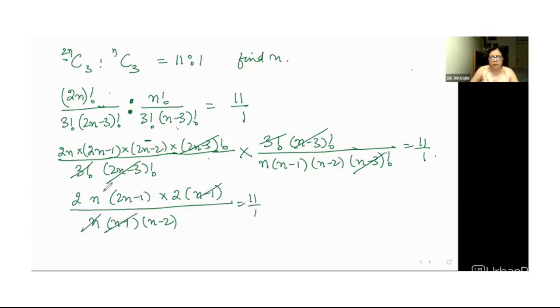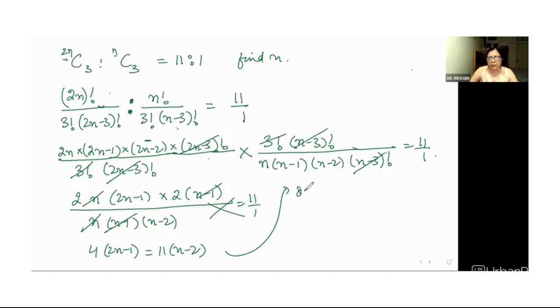Right? n got cut. So what do we have finally? 2 times 2, 4, right? 4 times 2n minus 1, multiplied by this one, I am cross multiplying. This is equal to 11 times n minus 2.